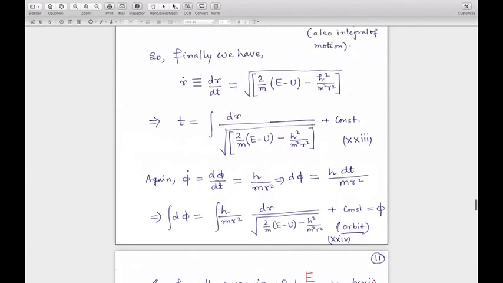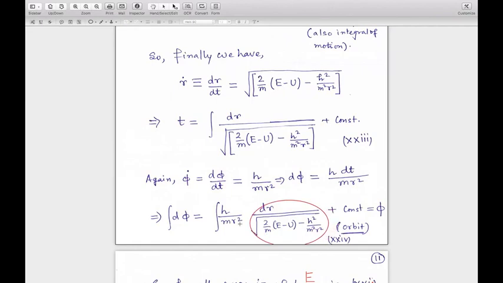Phi dot is equal to d phi dt, which is nothing but h by m r square. And then you can say d phi equals h times dt by m r square. Now dt you can write in terms of dr by root over 2 by m, E minus U minus h square by m square r square. So d phi will simply be this form of dt times h by m r square.